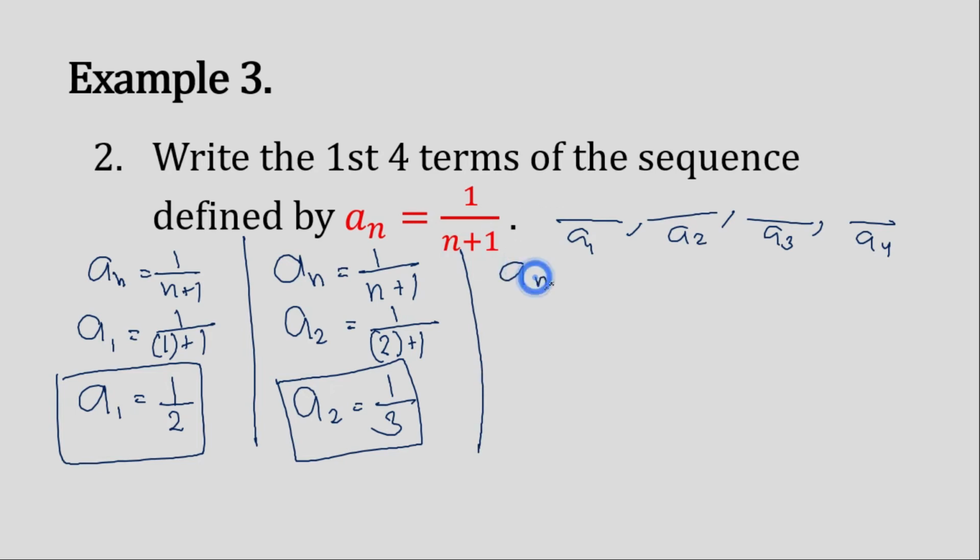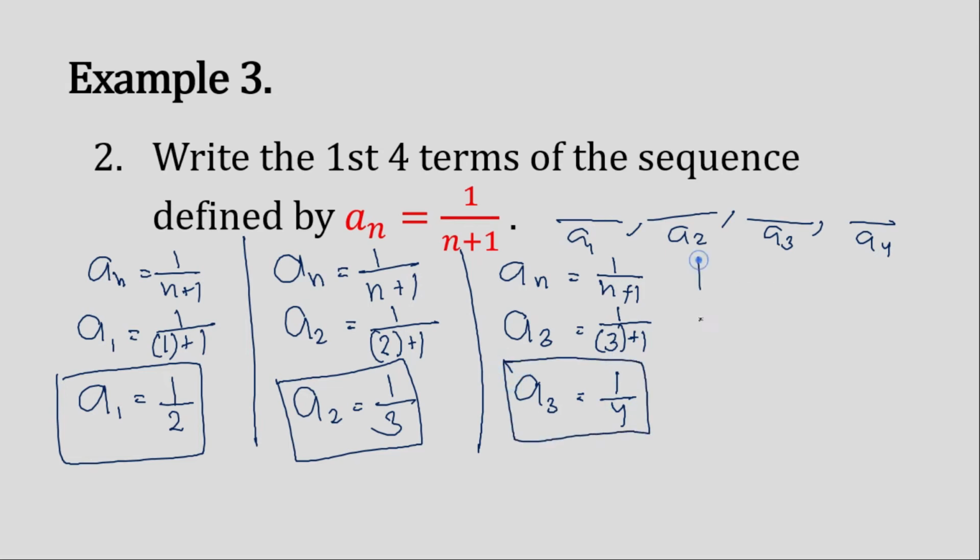That is a sub n equals 1 over n plus 1. So a sub 3, the third term, is equal to 1 over 3 plus 1. So we have a sub 3 is 1 over 4.